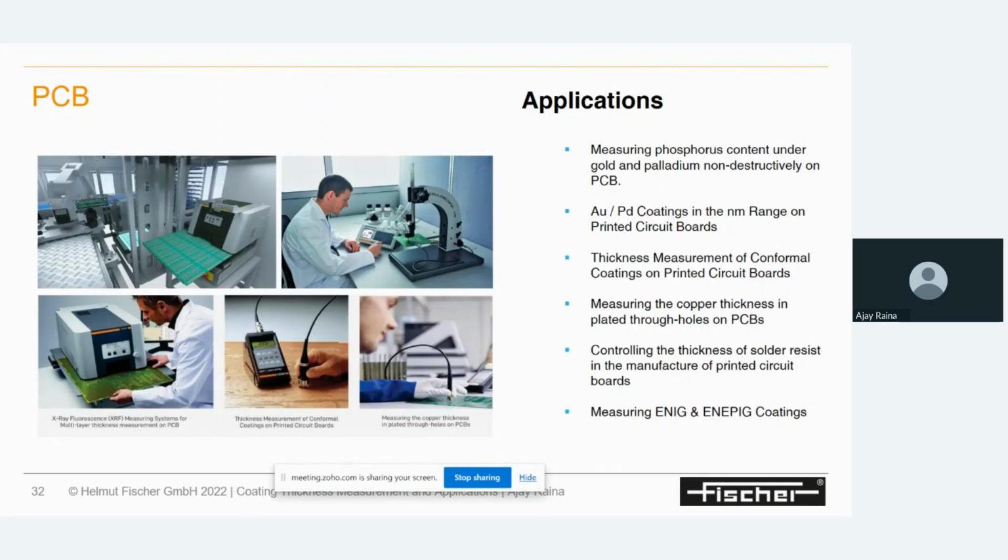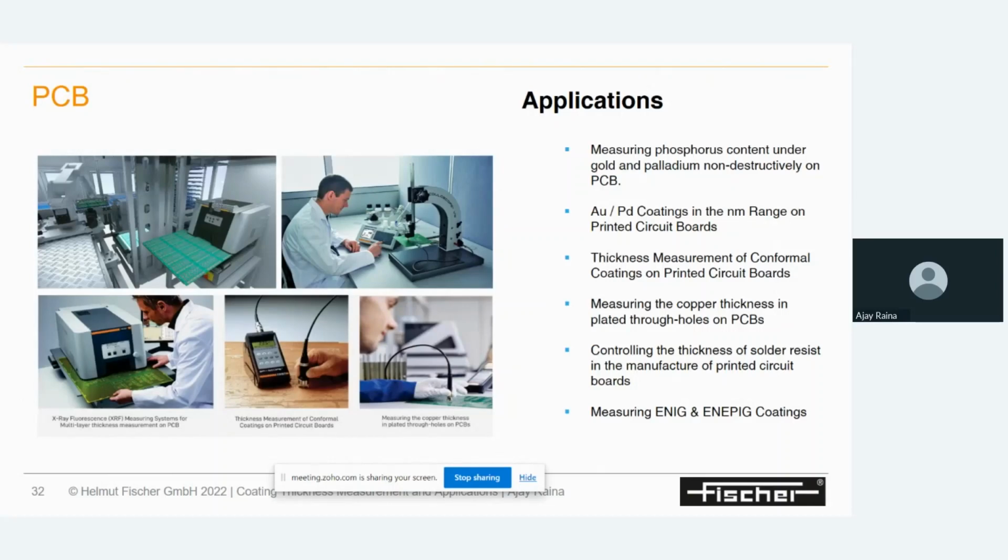Thickness of conformal coating can be checked with DFT. We have a special probe for that application. And if you want to measure the copper coating inside the through holes, for that also we have a special probe. We can check the copper coatings in the holes. And if you want to measure the solder resist in printed circuit boards, then we recommend going with the CMS instrument, or you can use an XRF instrument for this application.